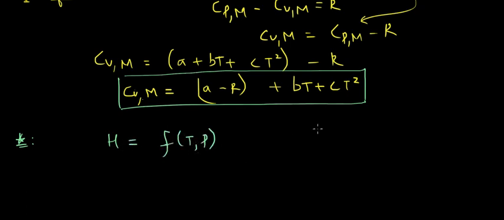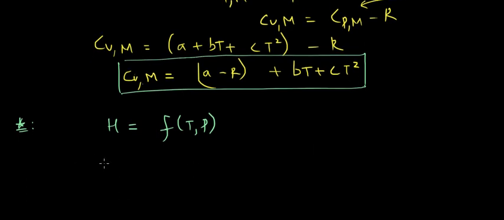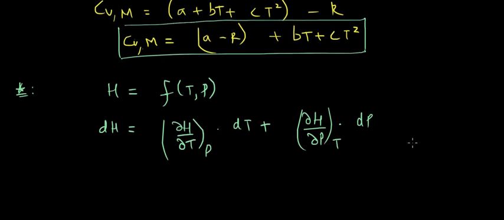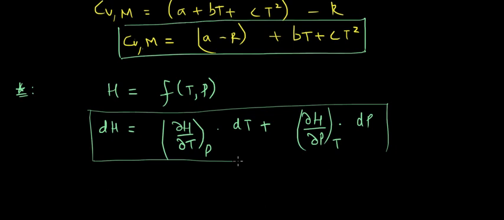If enthalpy is a function of temperature and pressure, we can write dH as del H upon del T at constant pressure times dT, plus del H upon del P at constant temperature times dP. We can write dH in the form of this differential from the derivation we have seen a few lectures back.